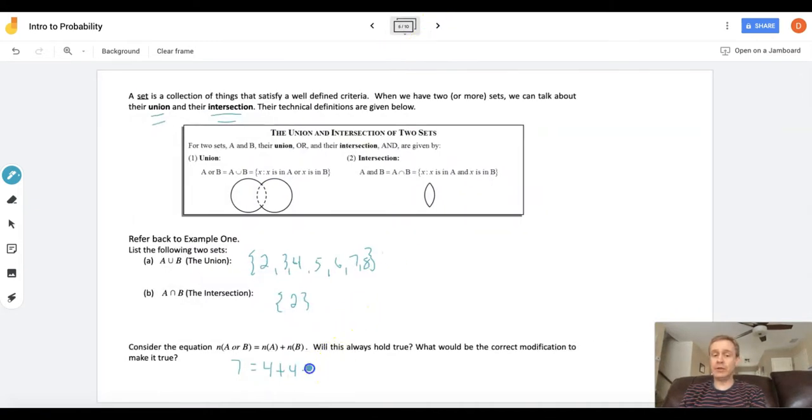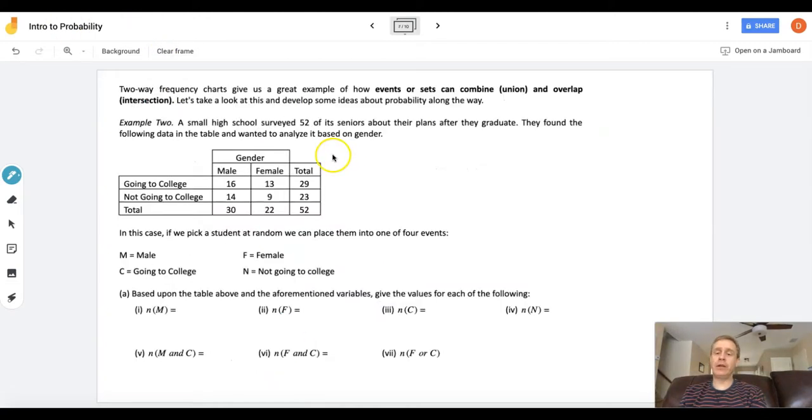So to properly account for the number of outcomes in the union of two sets, I can add up the two events separately, but then we have to subtract out the number of outcomes that are in the intersection of the two.